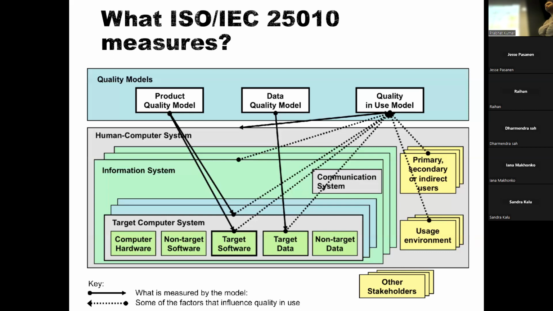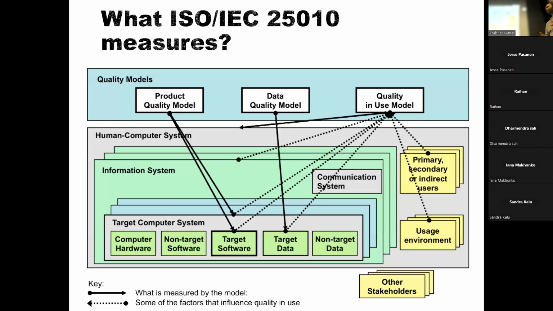For example, if you want to use the software in Windows 10 or Windows 11, that comes under usage environment. And then we have the target computer system, which includes computer hardware, non-target software, target data, and non-target data. Non-target is not going to influence the quality, but somehow they are related when you are assessing the overall quality of the software.